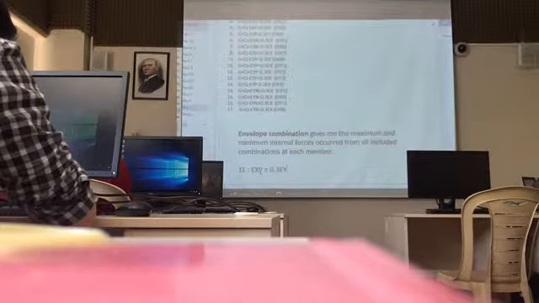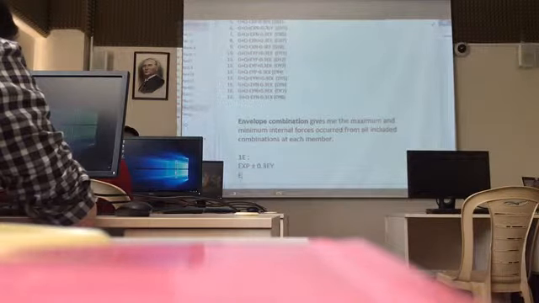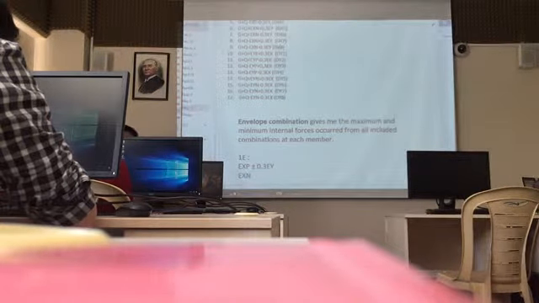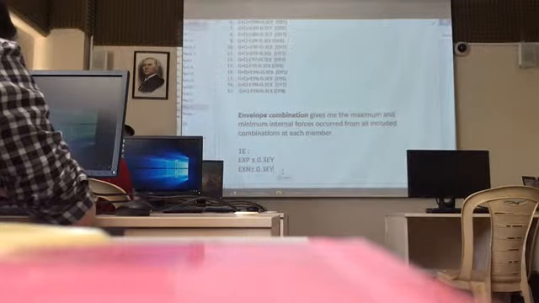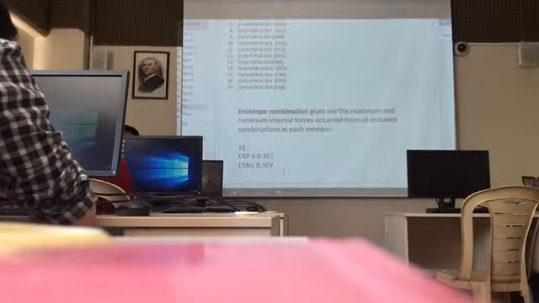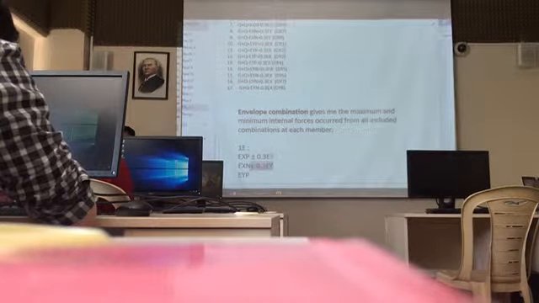Okay. Now how many combinations we have here? Two. EXP plus 0.3 EY, EXP plus minus 0.3 EY. And what else? For example, EXN plus or minus 0.3 EY. Similarly, EYP plus or minus 0.3 EX.